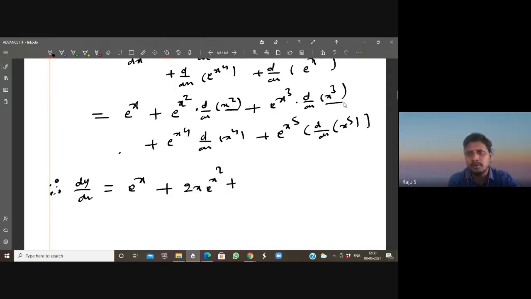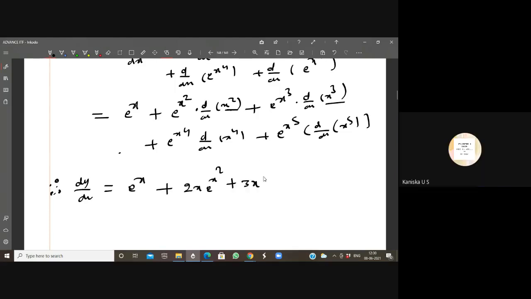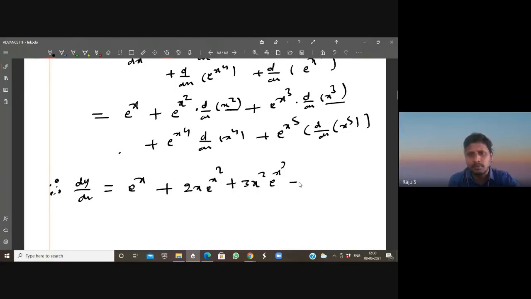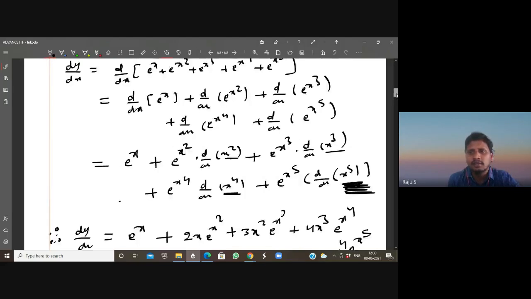Then x cube derivative, 3x square into e power x cube. X power 4 is 4x cube into e power x power 4. Finally, x power 5 derivative, 5x power 4 e power x power 5.